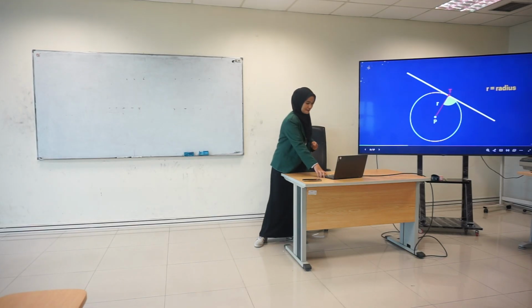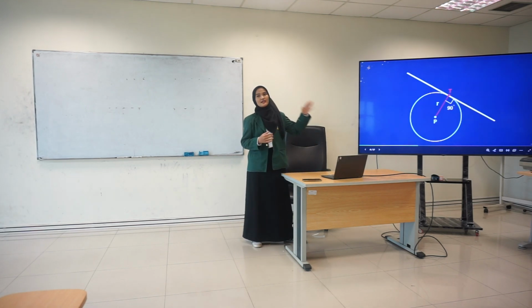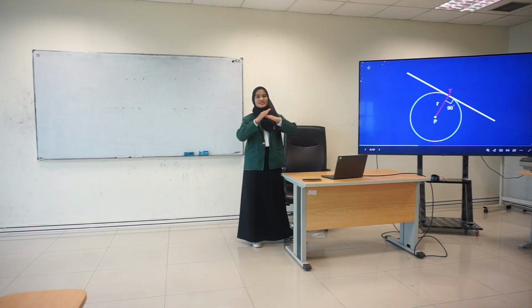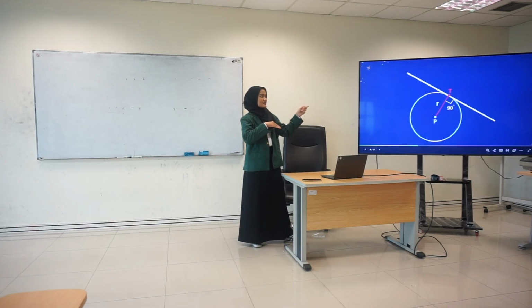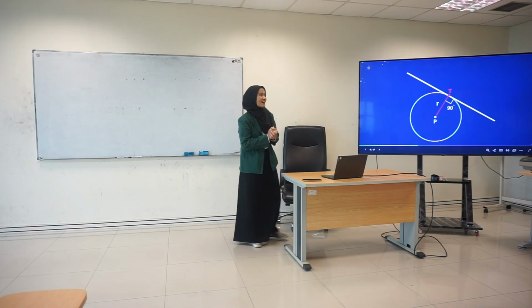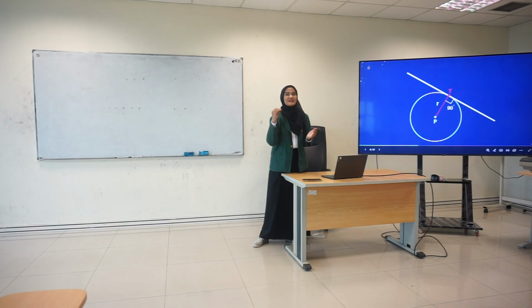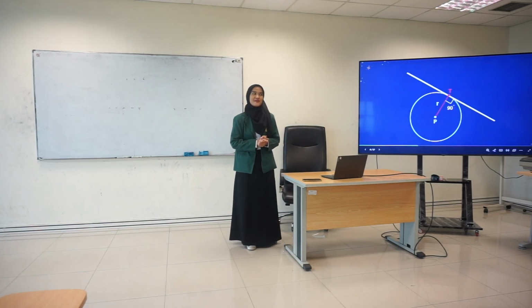So we know from this illustration that the radius line that touches the tangent line is perpendicular, right? What if we move the radius line and the tangent line to another side of the circle? Can the perpendicular relationship still apply?